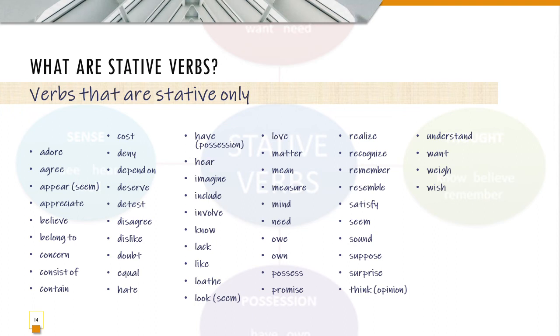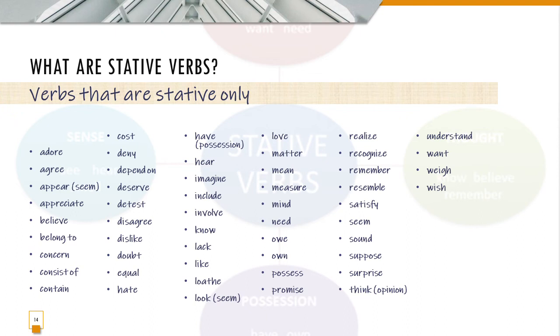Okay, so the words are adore, agree, appear. Appear is how something looks to you. Okay, that appears good. Okay, and another meaning for appear is when you appear an exam, you're actually writing an exam. Okay, the next one is appreciate, believe, belong to, concern.